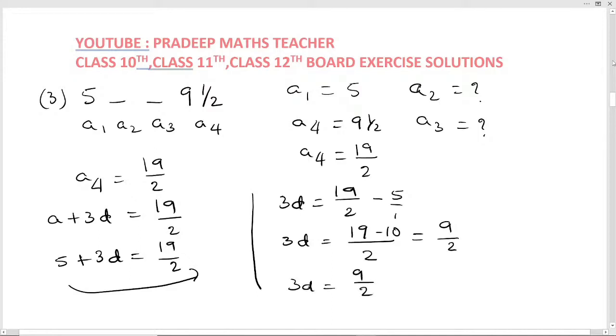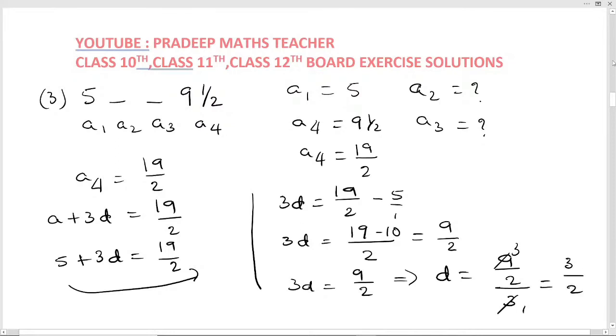Now send 3 to the right hand side. So it will become d equals 9 by 2. Here multiplication is there, and if you send multiplication to the right hand side it becomes divide, so divided by 3. 3 1s are 3, 3 3s are 9, so the remaining is 3 by 2.